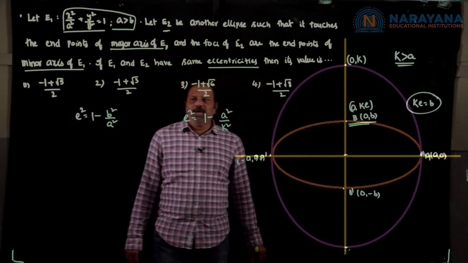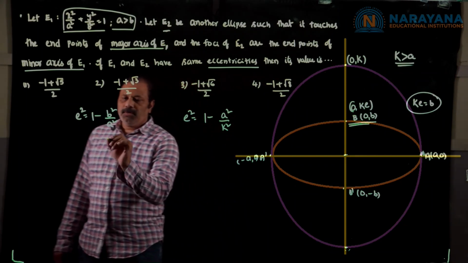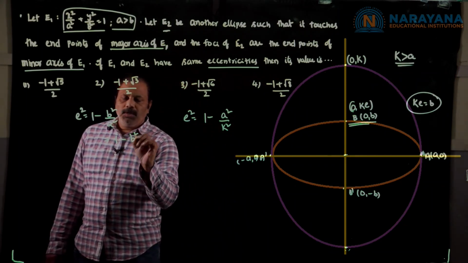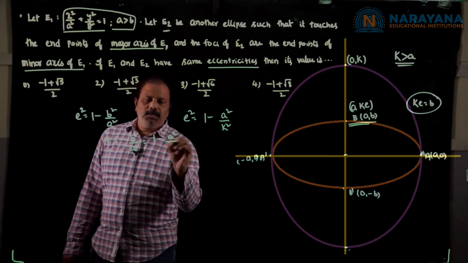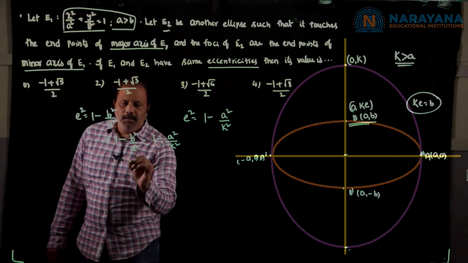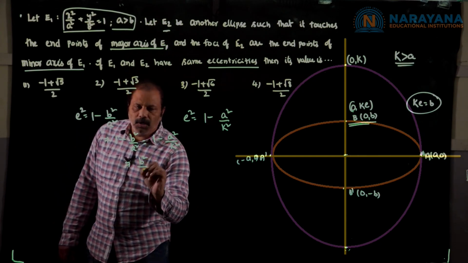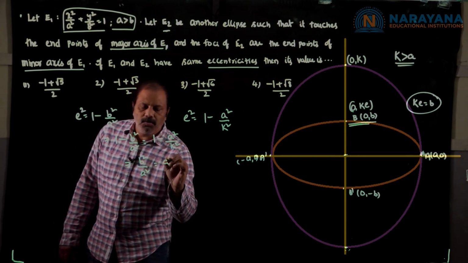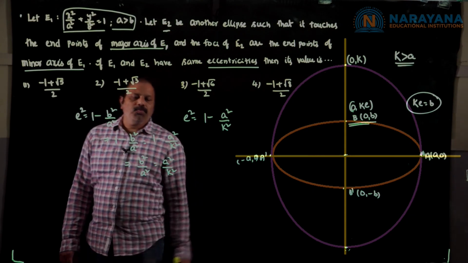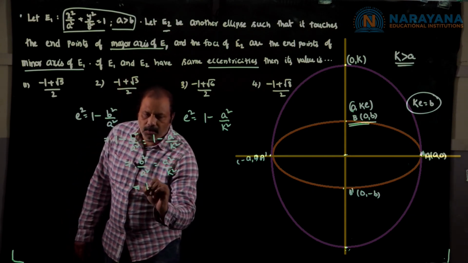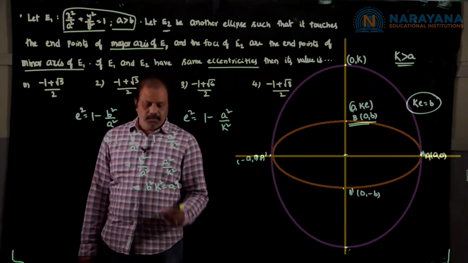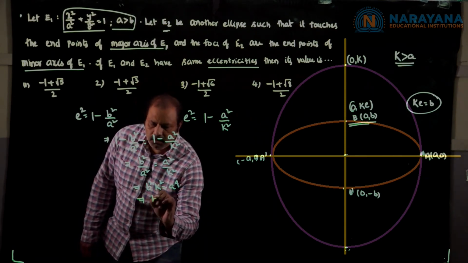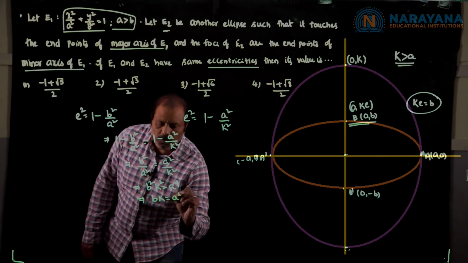Given e is the same for these two, this implies 1 minus b squared by a squared is equal to 1 minus a squared by k squared. This implies b squared by a squared is equal to a squared by k squared. This implies b squared k squared is equal to a to the power 4, so bk is equal to a squared.